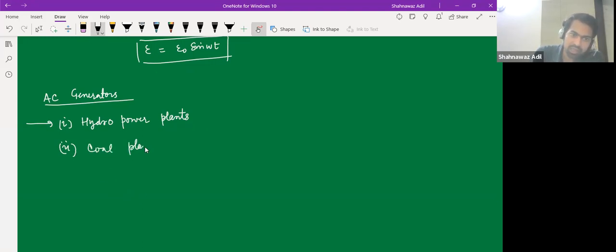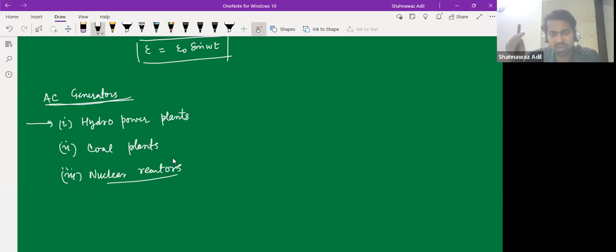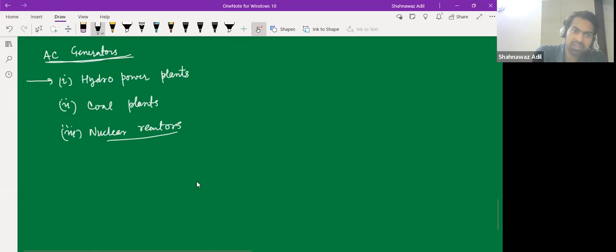In the coal plants, you burn the coal and water vapors are generated, very high pressure water vapors, and then they move the coils. From that you get this AC generator. The third one is nuclear reactors. Through nuclear reactions, you move those coils. These are some examples of AC generators.